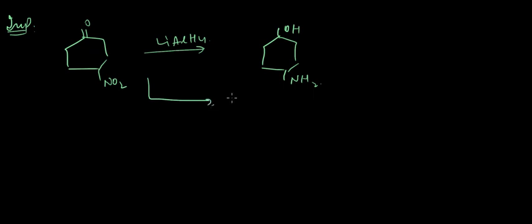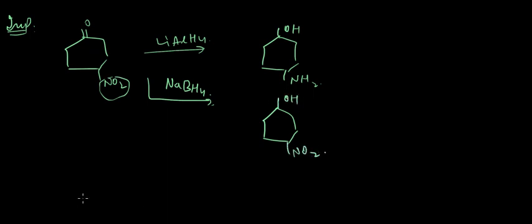And what happens when we pass it with NaBH4? NaBH4 only attacks aldehyde, ketone, acid chloride and halide. Okay, so it will not reduce the NO2 group, it will only reduce the ketone group, and NO2 would be intact. Okay, let's see another example.